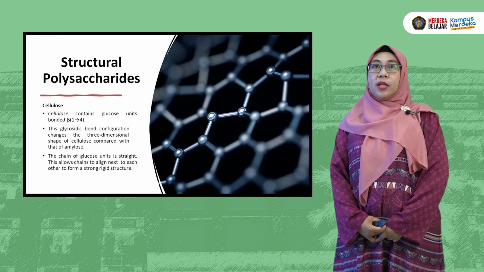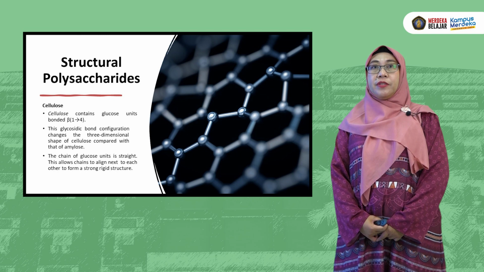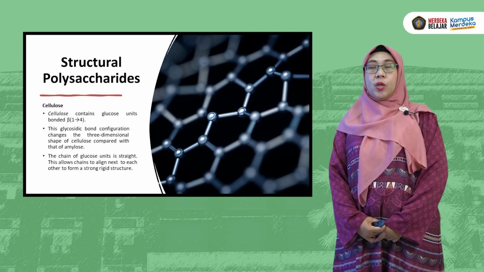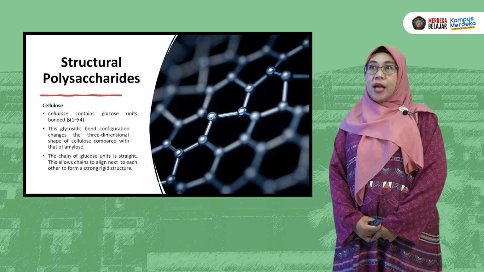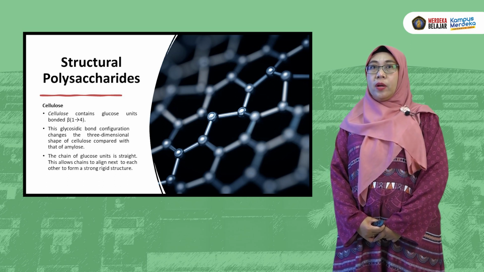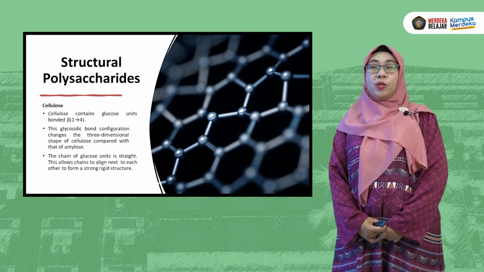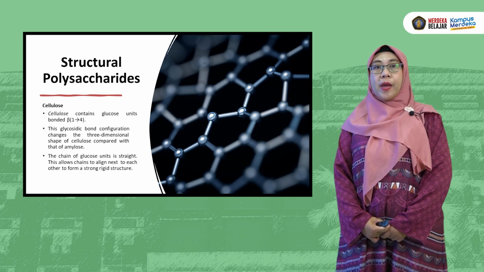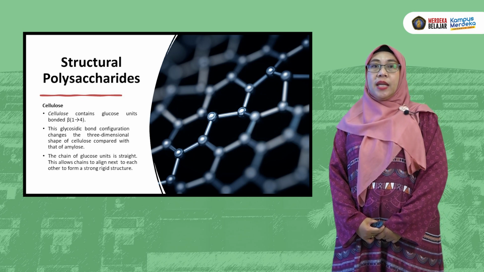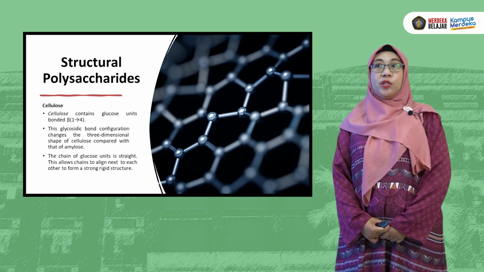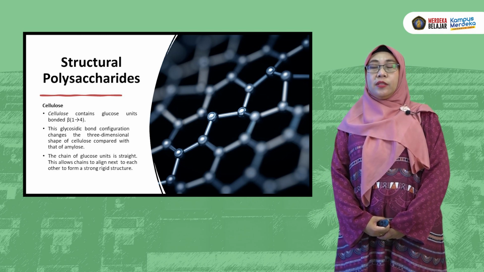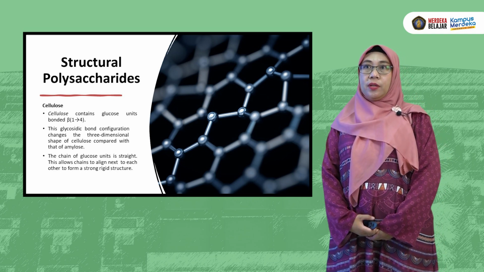We then move on to structural polysaccharides. The first one here is cellulose. Cellulose contains glucose units bonded by a beta-1,4 glycosidic bond. This glycosidic bond configuration changes the three-dimensional shape of cellulose compared with that of amylose. The chain of glucose units is straight. This allows chains to align next to each other to form a strong, rigid structure.